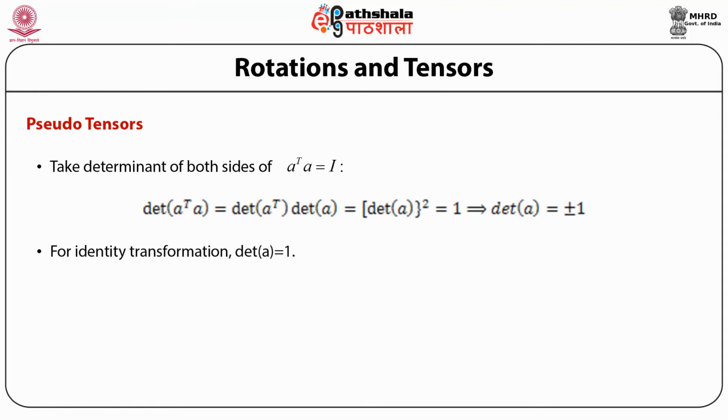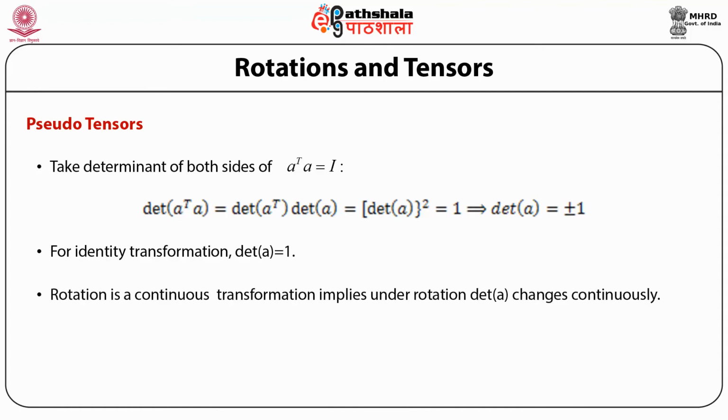For identity transformation, determinant of A is equal to 1. Rotation is a continuous transformation, which implies that under rotation determinant A changes continuously. This implies that determinant of A equals 1 under any continuous rotation.